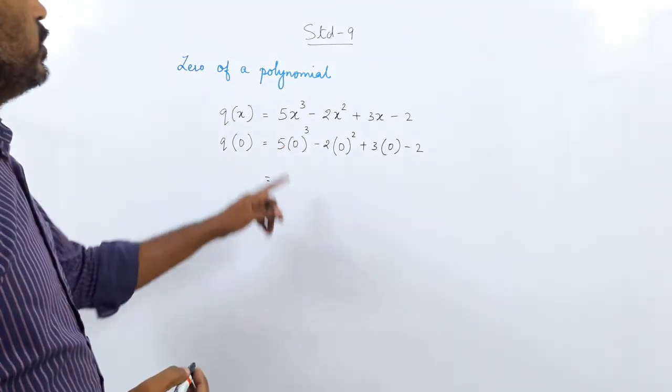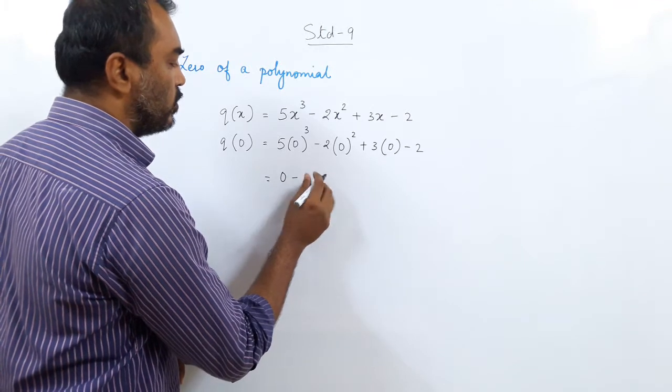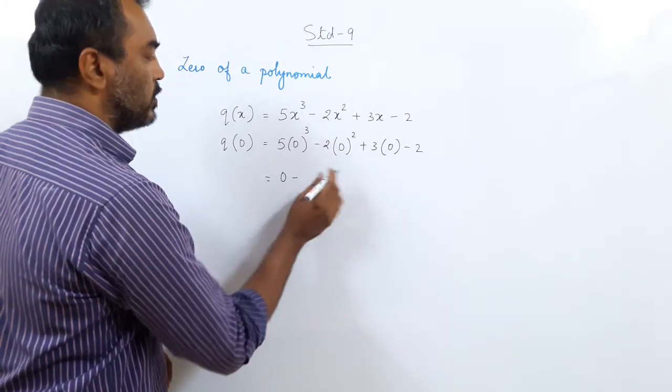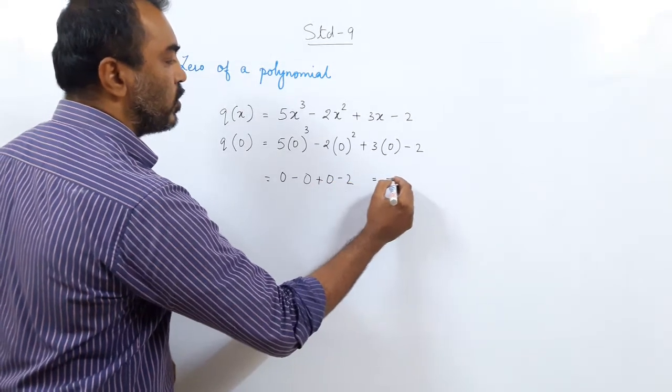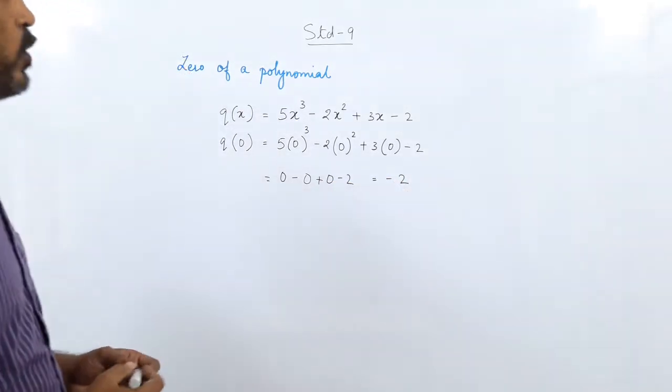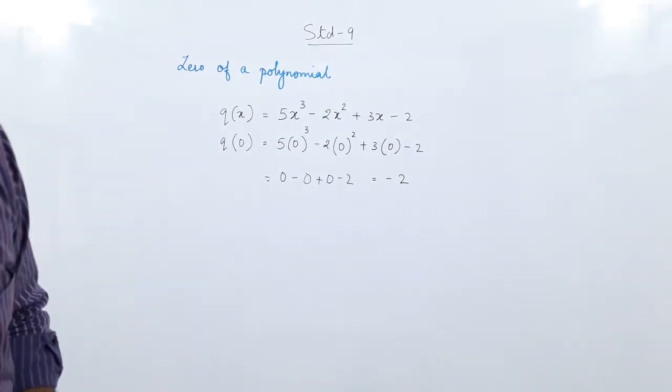So 0 cube is 0, anything into 0 is 0. So we will get a 0 here, a 0 here, a 0 here, and a minus 2. So what is the value of this polynomial? The value is minus 2.